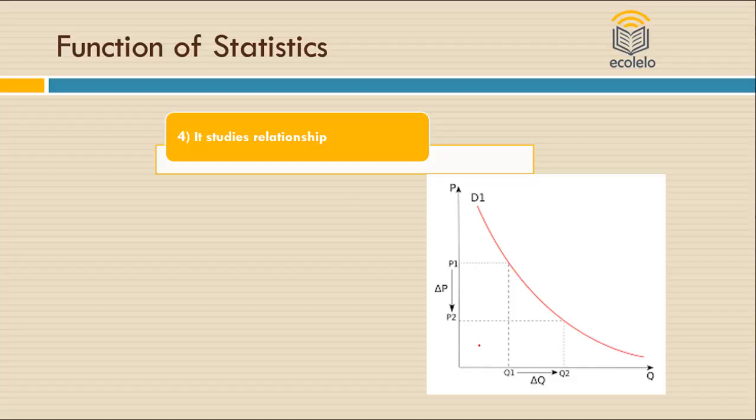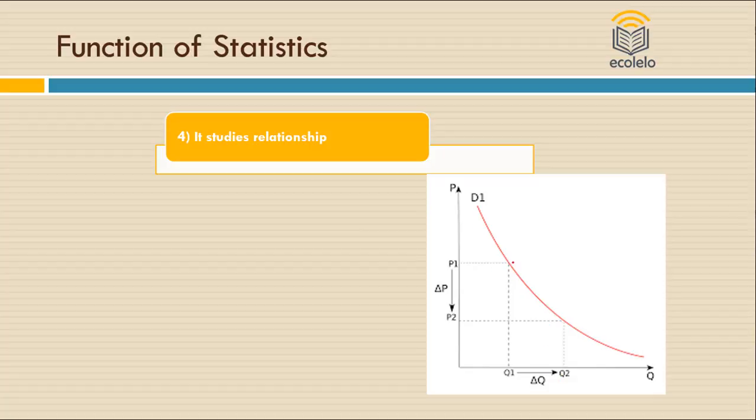For example, at price P1, you are buying Q1 units. At price P2, you're buying Q2 units, which means that when price was high, you could buy less. When price falls to P2, you could buy, and wanted to buy, more.